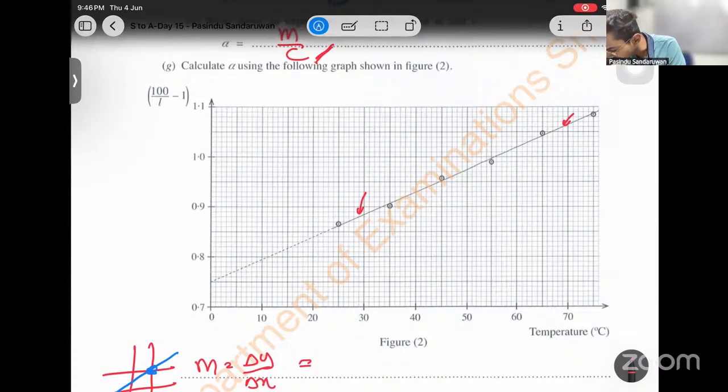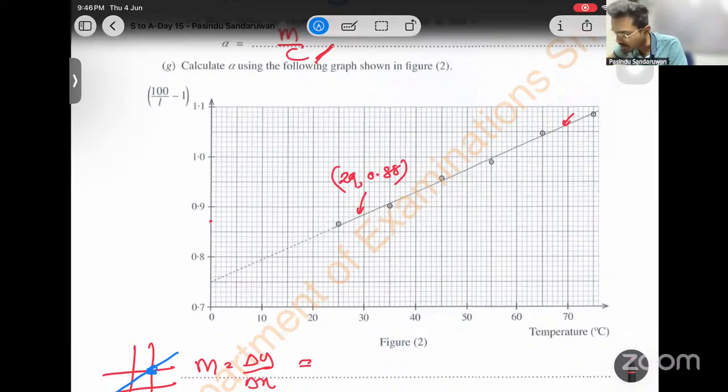Then x here is 29. Then y goes by 0.1. From here to here, it is 0.88.